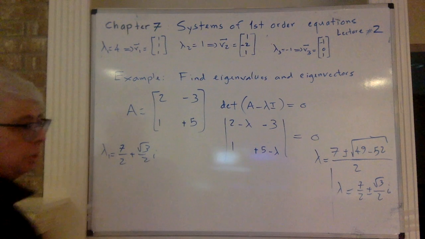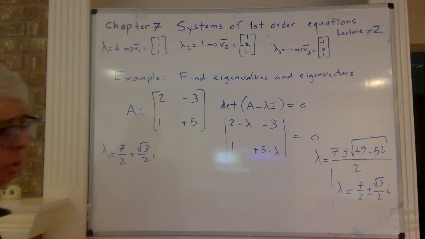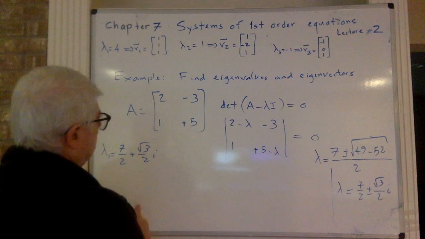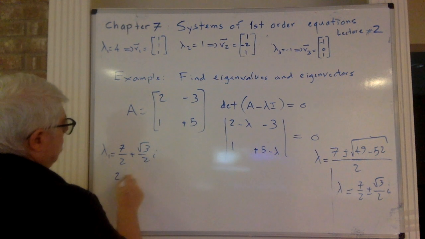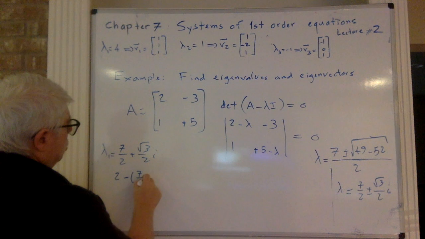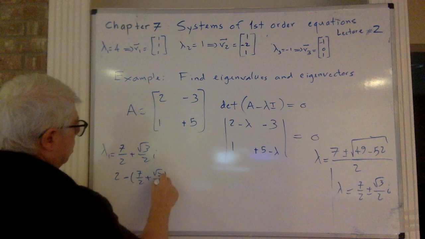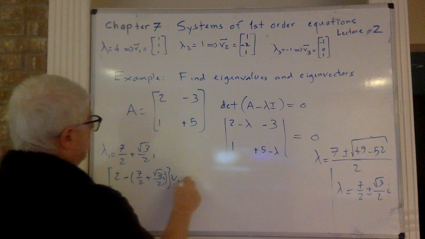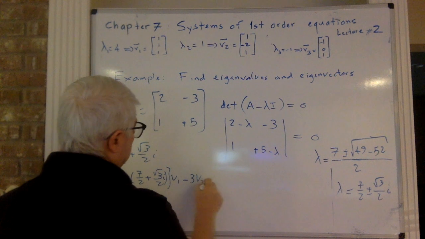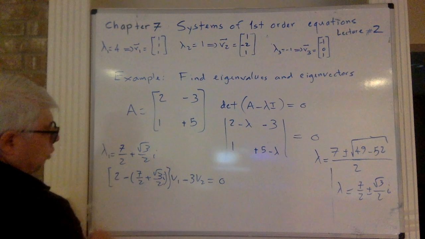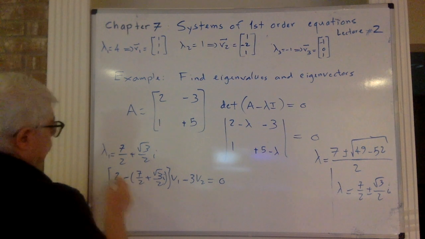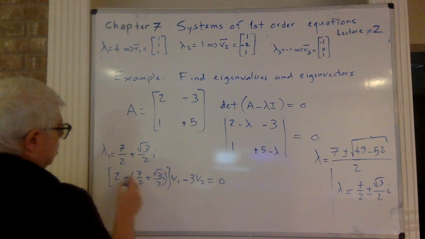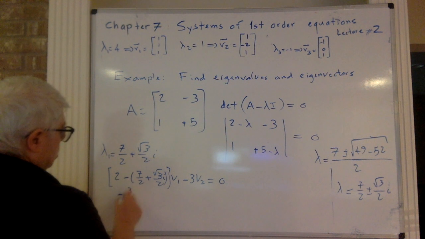Remember, when you have a 2 by 2, I said just ignore the second row because it is redundant. So I have 2 minus 7 over 2 plus the square root of 3 over 2 i, times v1, minus 3 v2 is 0. If I let v1 be 1, and this is 4 minus 7, that is minus 3, so this is minus 3 over 2 minus the square root of 3 over 2 i.